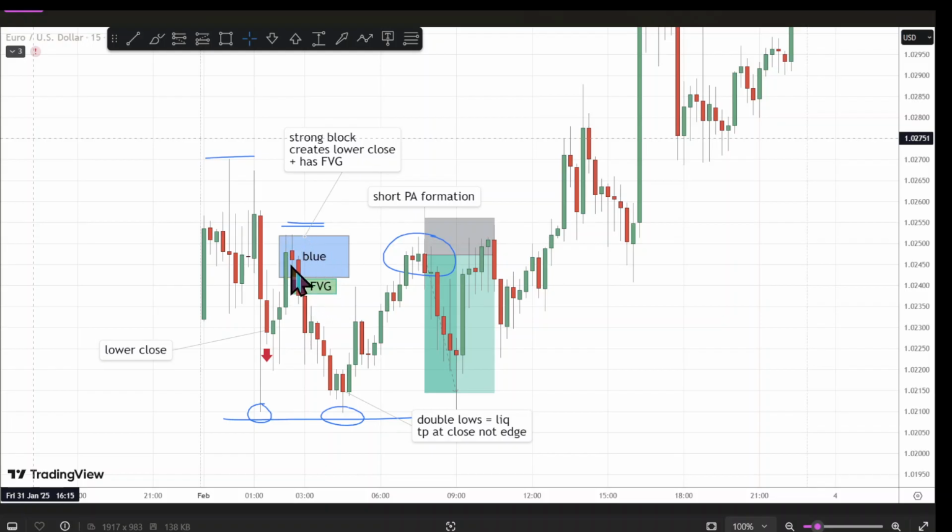This is the highest bar, the red one, that I try to outline as the top of the box here. And the low of the red one I use, I draw it like this. So we have the blue with the green, power down from this area. Double lines show that this should be the roof. Strong block creates a lower close, has FVG. Strong block, three things, yeah, double.